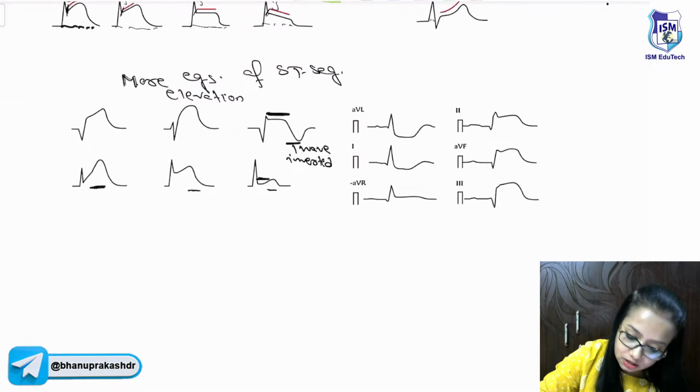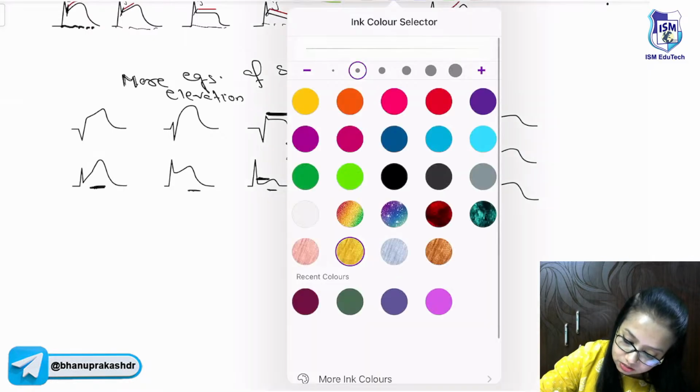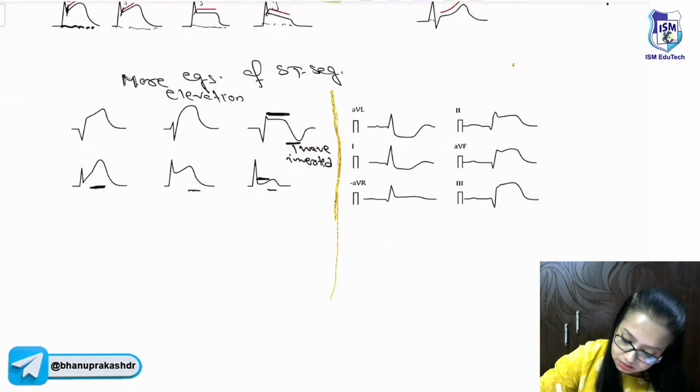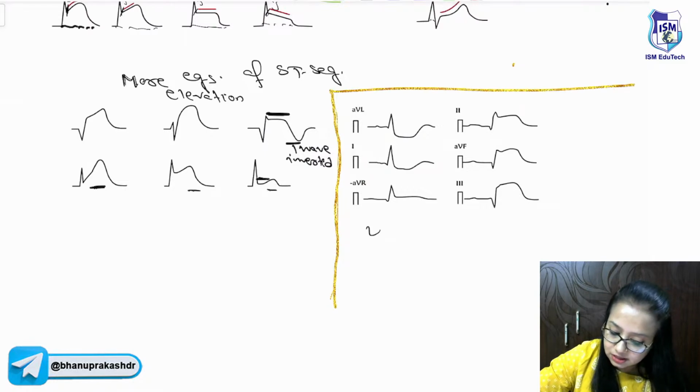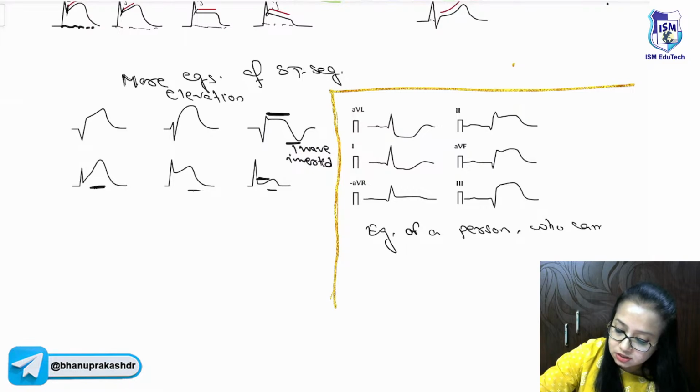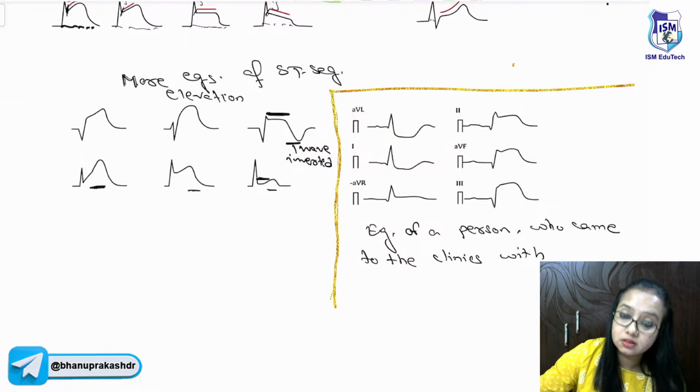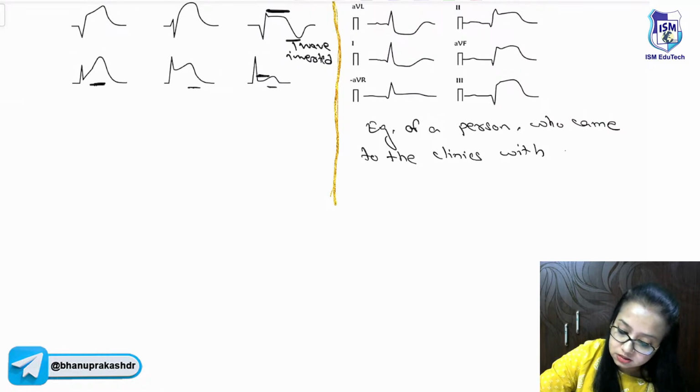Now, on the right side of the screen, let me partition it out a little bit. It will be easy for you to remember. So, this is a typical example of a person who came to the clinic with a chest pain complaint.